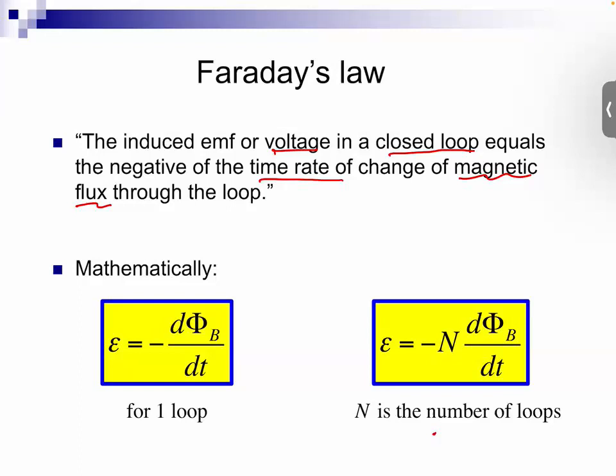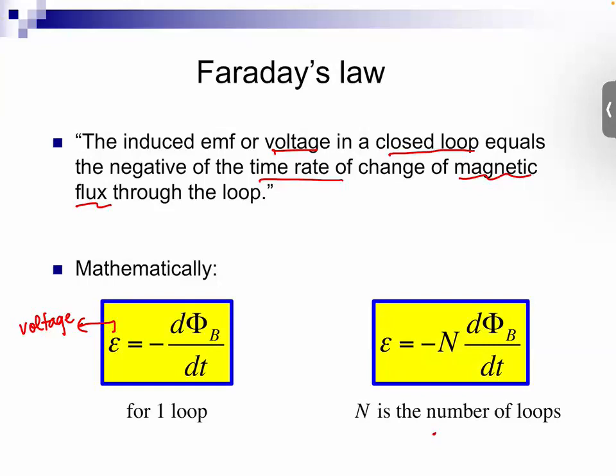Or if we look at this equation, we can simply say that the voltage, or EMF, so this fancy E, the voltage that's created is equal to how fast you change the magnetic flux through the loop. So if you have a loop and you have magnetic field lines crossing the loop, if you change the number of magnetic field lines crossing a loop, then that creates a voltage in the loop.